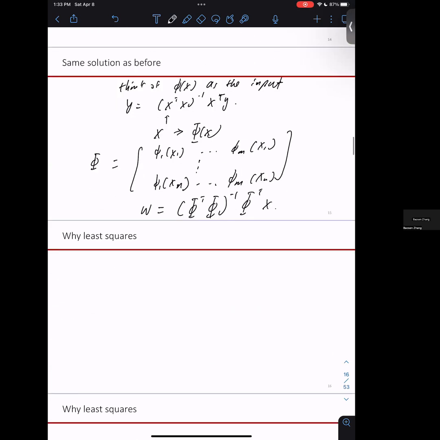And the reason why we use least squares is that least squares is very simple. There is a closed form formula. It has a closed form solution. And for any other power, we don't have a closed form formula. Right? So the simplicity is much greater in some sense than other cases.